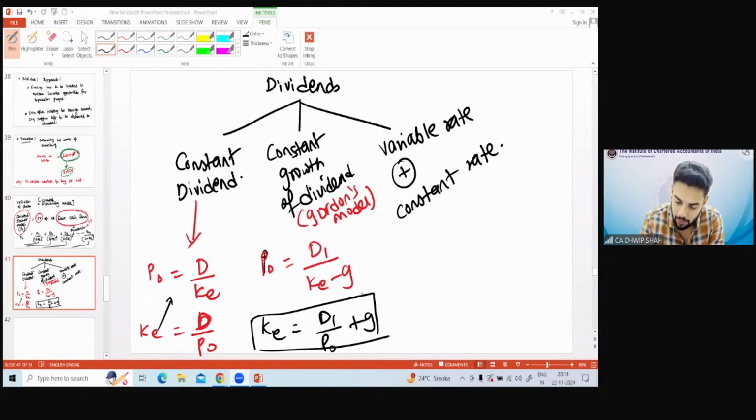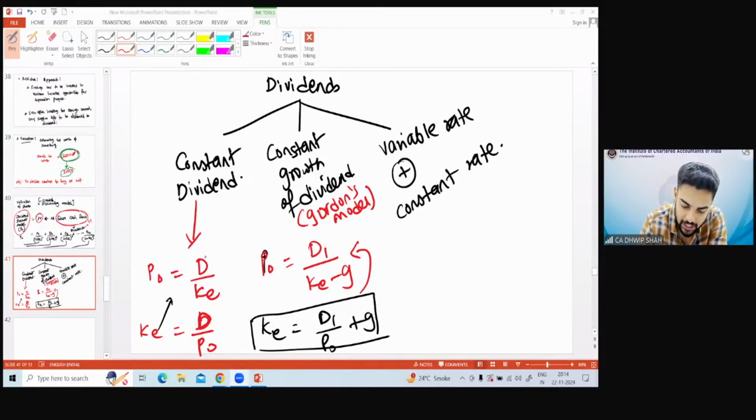So from this formula, we have done the derivation. Correct? And all the formulas, see, the constant dividend model has its assumptions.